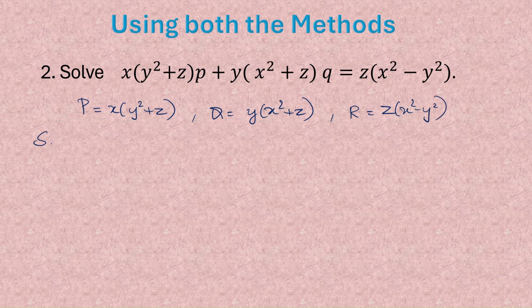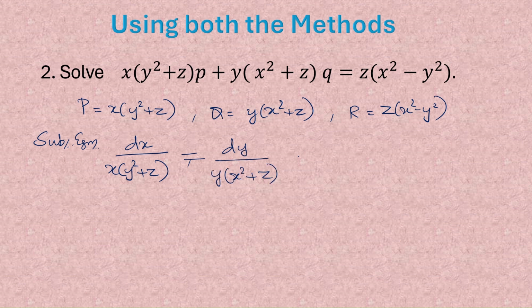Now let us write the subsidiary equation, that is dx divided by x into y square plus z, equal to dy divided by y into x square plus z, is equal to dz divided by z into x square minus y square.